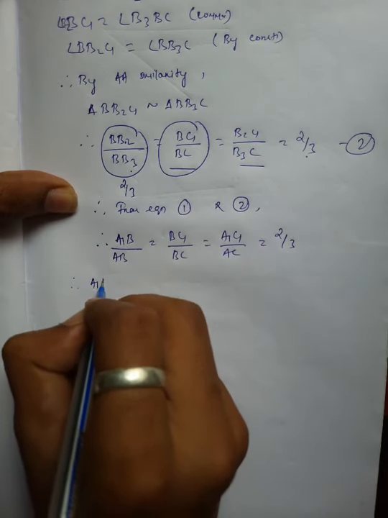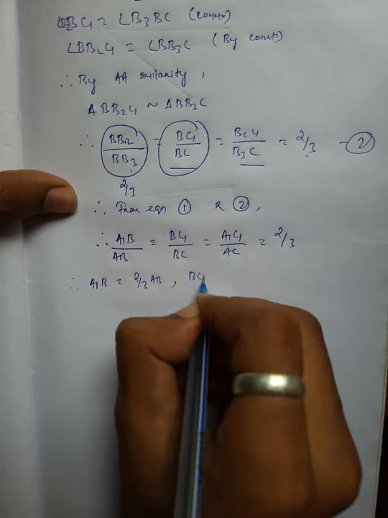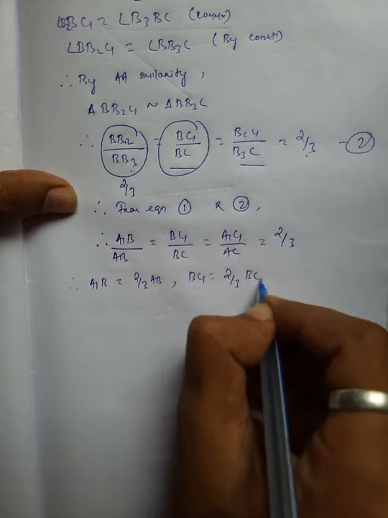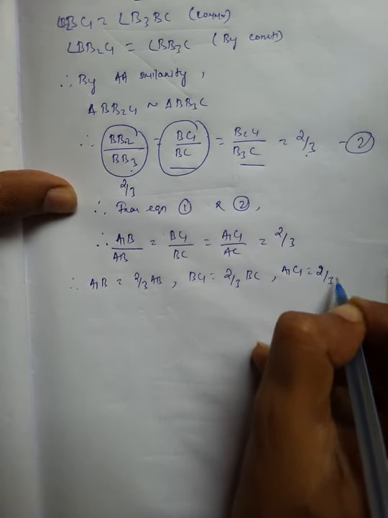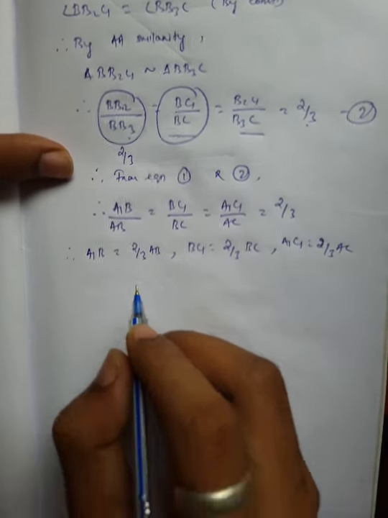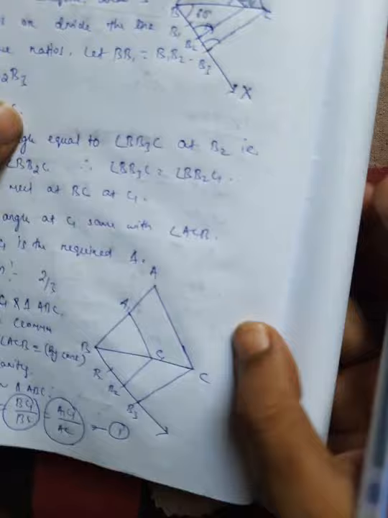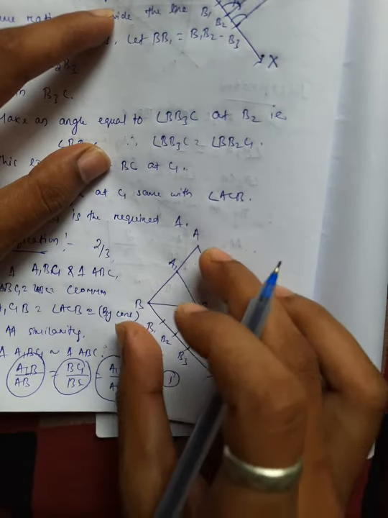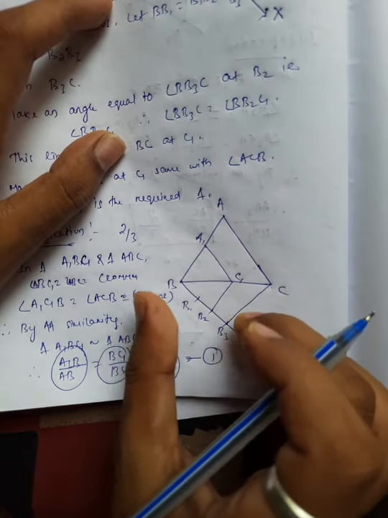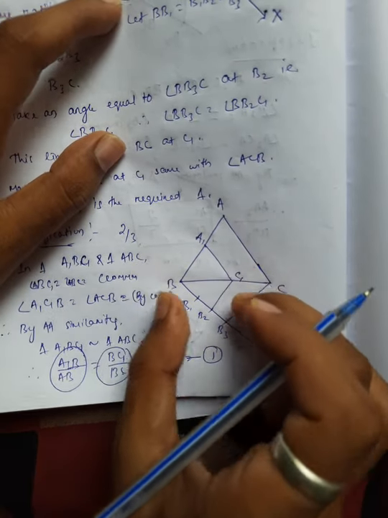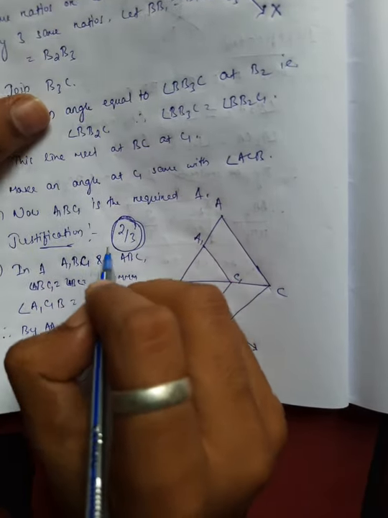Therefore A1B equals 2 by 3 of AB, BC1 equals 2 by 3 of BC, and A1C1 equals 2 by 3 of AC. So we got the ratio 2 by 3.